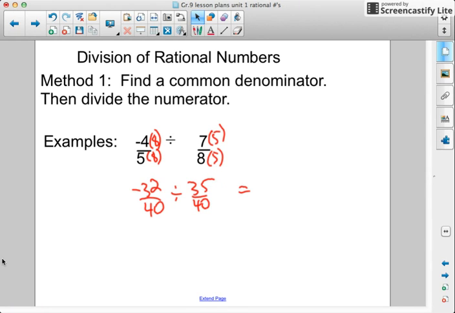So I end up just dividing the tops together, meaning it would end up being negative 32 divided by 35, which we would write as negative 32 over 35. So that is one method.